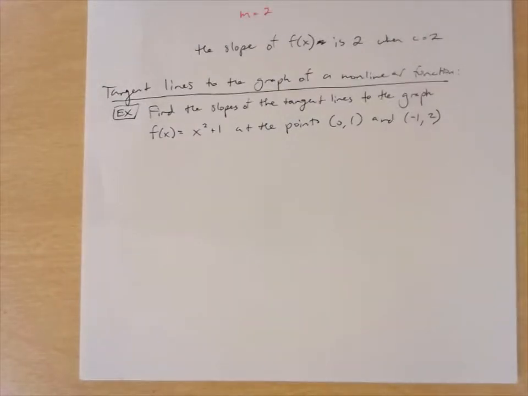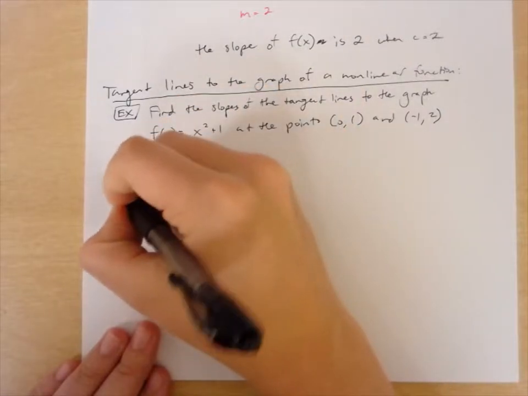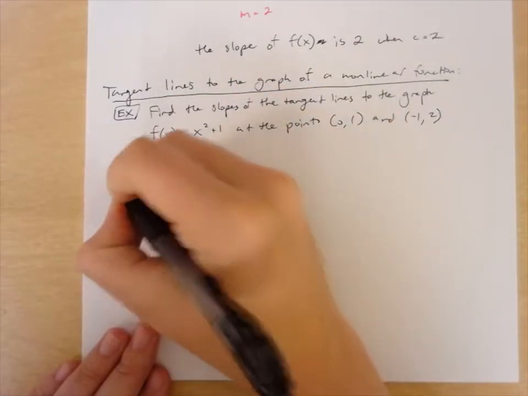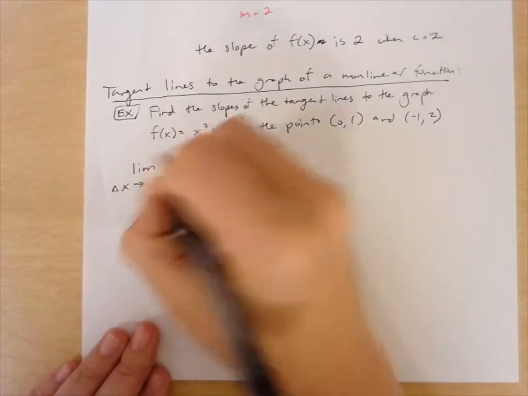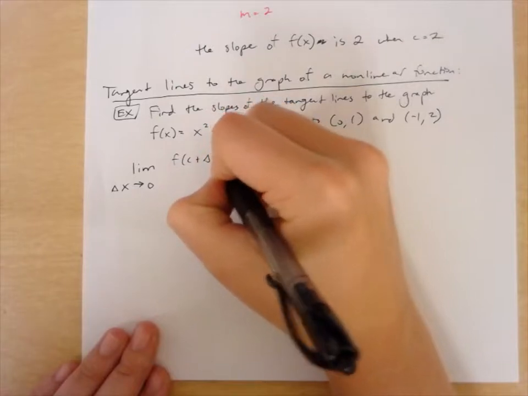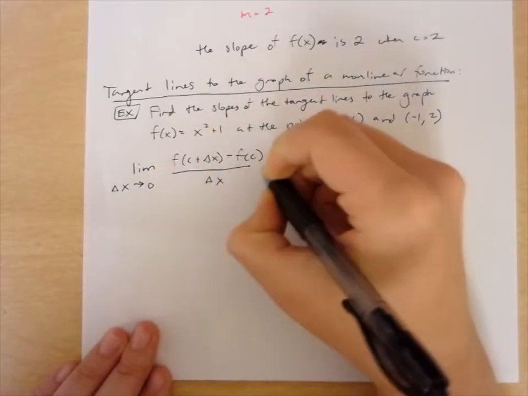Here's what we're going to do. We are going to use the properties of composite functions. We're going to use the properties of substitution to find a derivative. And here's how we're going to do that. We're going to take the function for rate of change for the slope of a tangent line, the limit as change in x approaches 0 for f of c plus change in x minus f of c all over change in x.